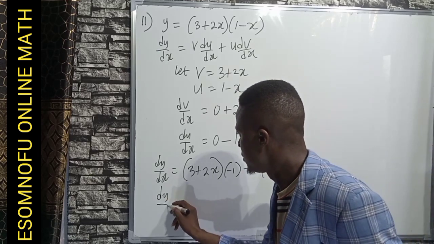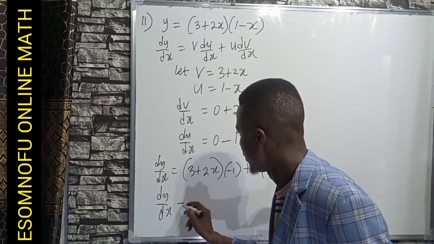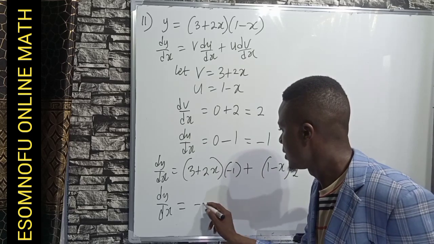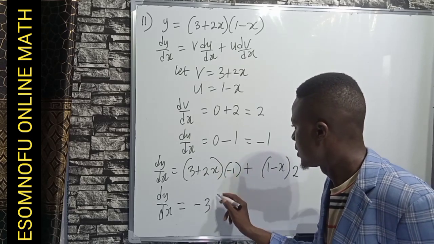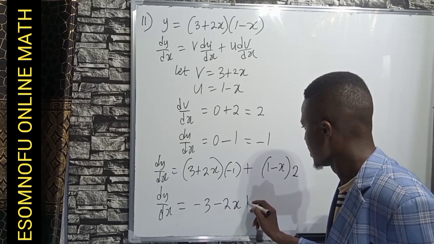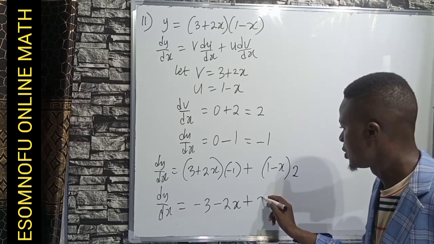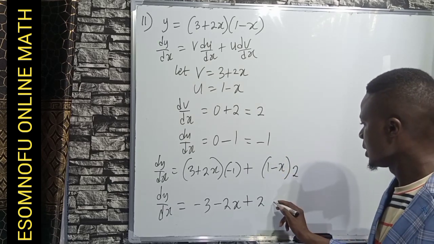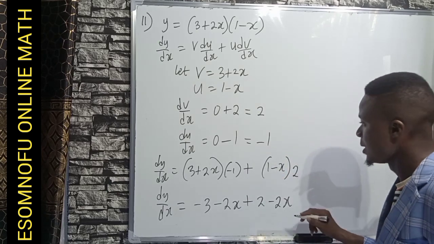So dy/dx will now be minus 1 times 3 is minus 3. Minus 1 times 2x is minus 2x. Plus 2 times 1 is 2. 2 times minus x is minus 2x.